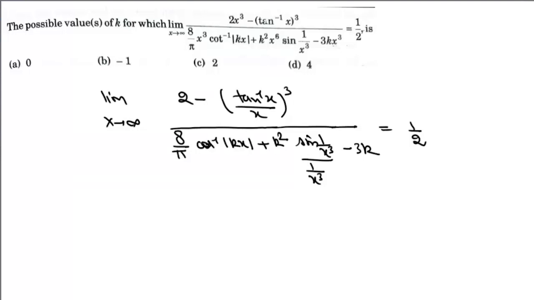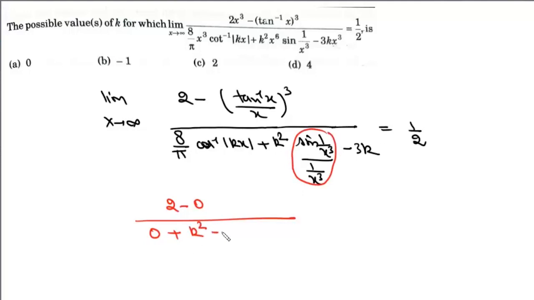Now we'll take this limit x tends to infinite. Now this is 2 minus, now tan inverse infinite is pi by 2, and pi by 2 upon infinite is 0. Here this is cot inverse infinite, and cot inverse infinite is 0. So this is 0. Here sin x upon x, when 1 upon x cube tends to 0, it is 1.